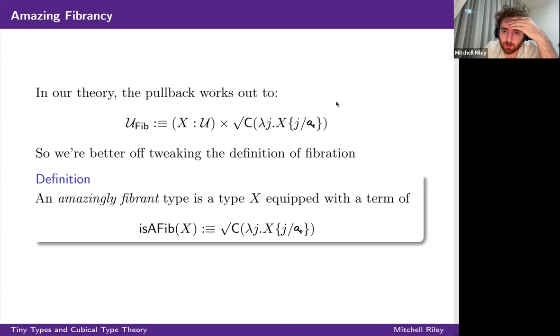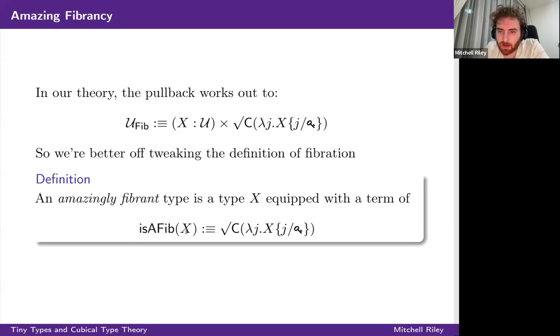So the name that Grotzer, Weinberger, and Buchholz give to a property like this is amazing vibrancy, which I think is a great name. And we're going to say that a type is amazingly fibrant when we can equip it with an element of this. And the idea is that this structure no longer refers to the context.